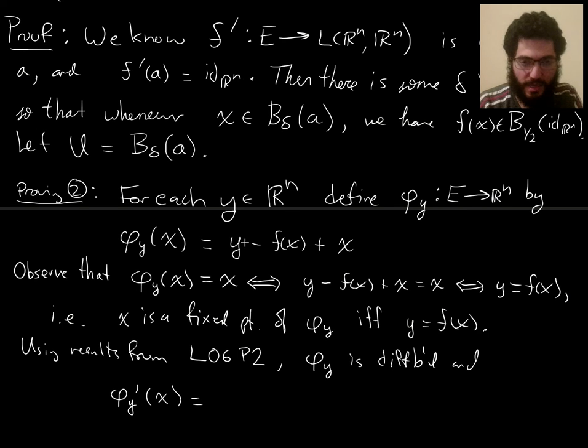The mapping x goes to y is a constant function, so the derivative of that is 0.